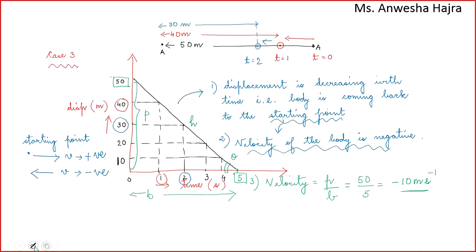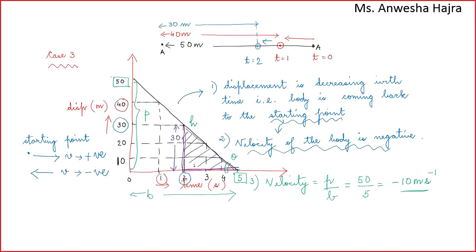Now someone can tell me, Miss, I am not going to take the bigger triangle. I am going to take a smaller triangle. Fine, no problem. Let us take this triangle, children. Any triangle. Then this perpendicular is 30. And this is my base.